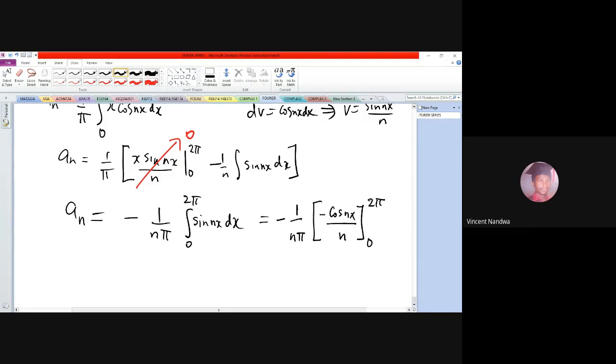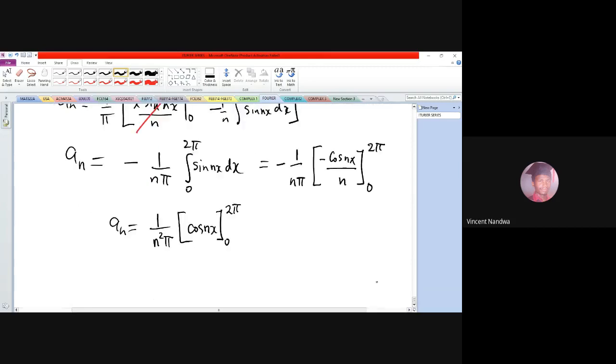So minus minus is positive, 1 over n squared pi, and then cos nx from 0 to 2 pi. When you put in the upper limit, we get cosine of multiples of 360, that is 1. So it's the same as 1 over n squared pi times 1 minus cosine of 0, which is 1. So this will be 0. Therefore an will be 0.